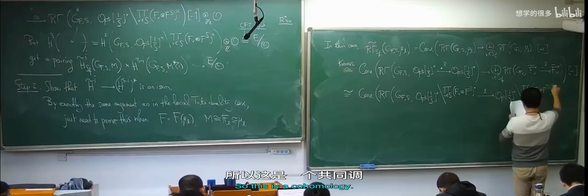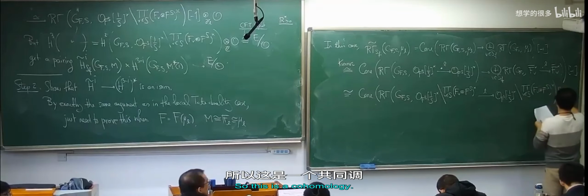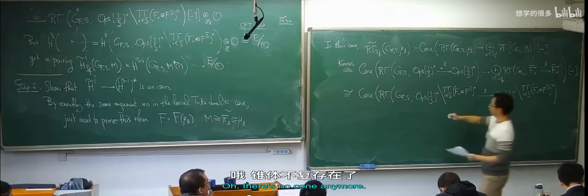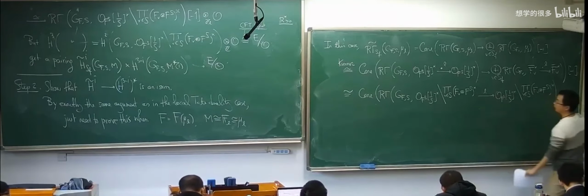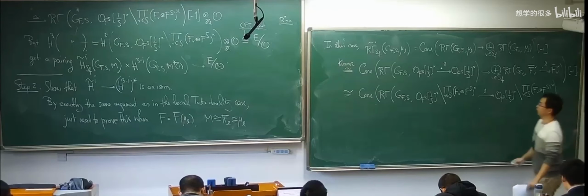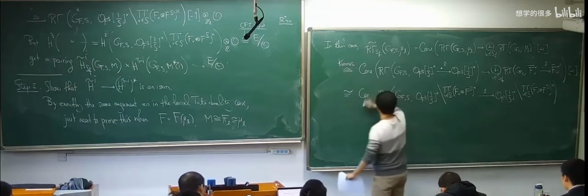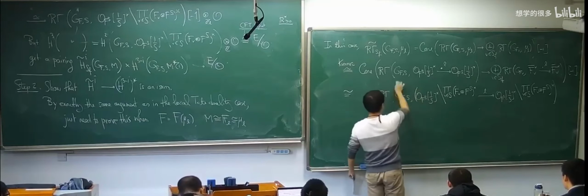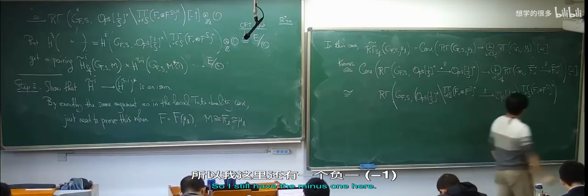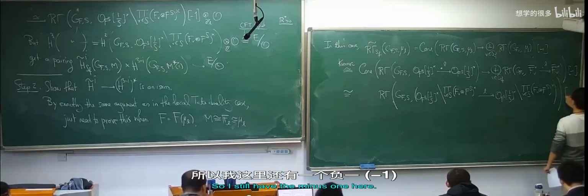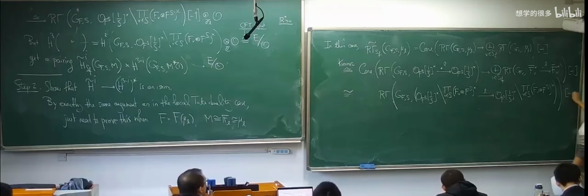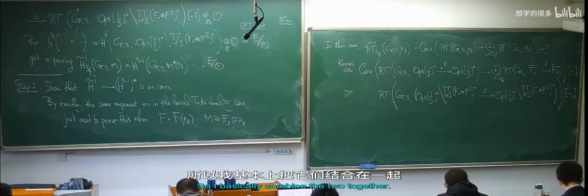Hold on a second. So this is a cohomology. Oh, there's no cone anymore. My bad. Just that, inside the complex. Hold on a second. If I take the cone, I still have the -1 here. Okay. So I basically combine the two together.